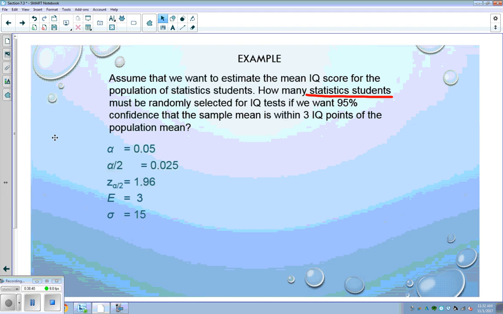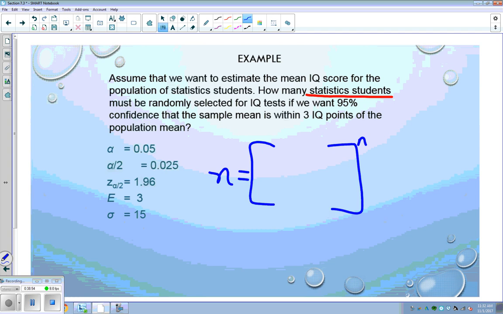What kind of a sample would I need to take of just statistics students, not the population, just statistics students? So n is going to be equal to what? I've got this great big thing, I've got a square, right? Whoops, I'm writing n instead of square. And I'm going to take what?